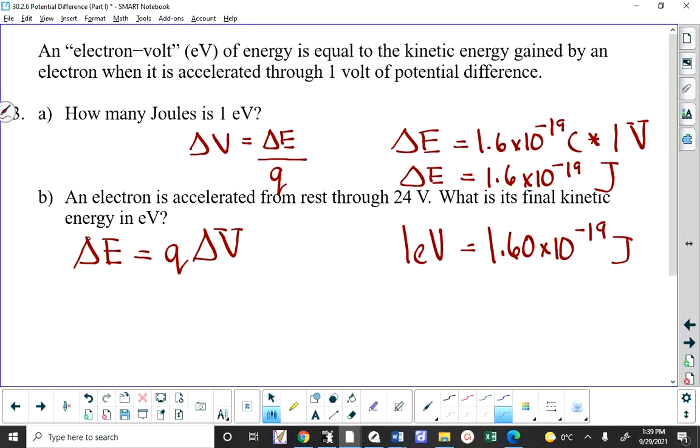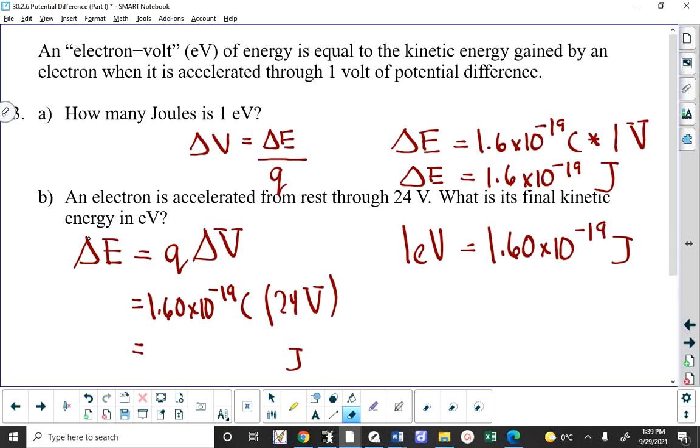It will be delta E. So we can take the charge, 1.60 times 10 to the negative 19 coulombs, times 24 volts. This will give us an answer in joules. I want to say 3.84 times 10 to the negative 18 joules.